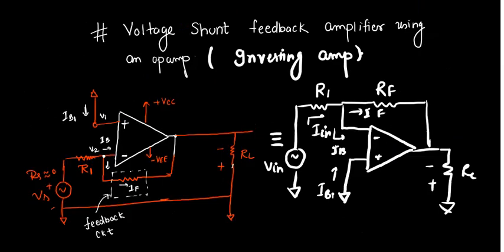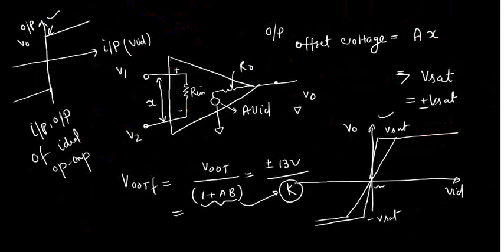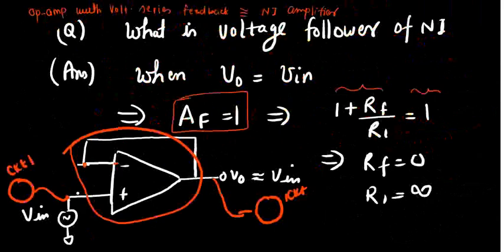What is B? Where is the circuit for voltage follower? Yes, this is the voltage follower, right? This is your VF and this is your V0. Correct? So capital B is 1 because V0 equals VF.